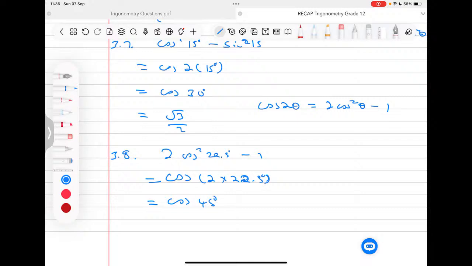Now 45 degrees is a special angle. We also use a triangle to define this. We use a triangle that has the same angles here, 45 and 45. With this type of triangle, the two sides are defined as root 2 and root 2, and this one is a 2.